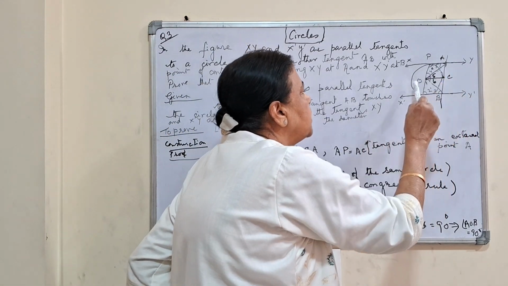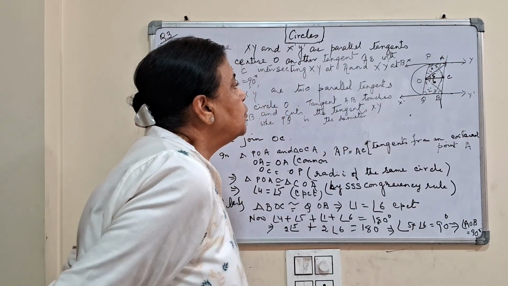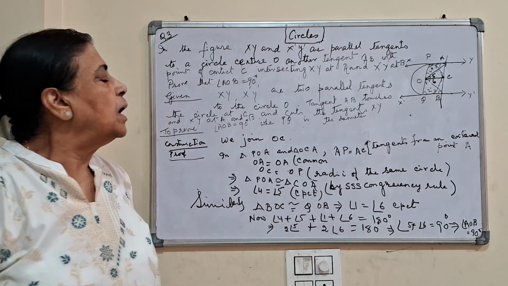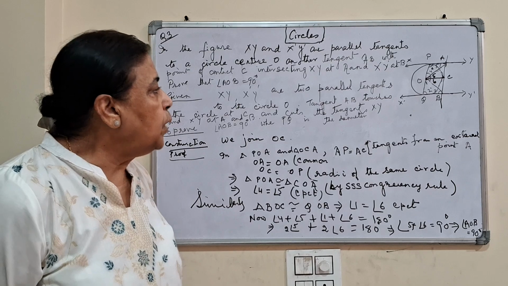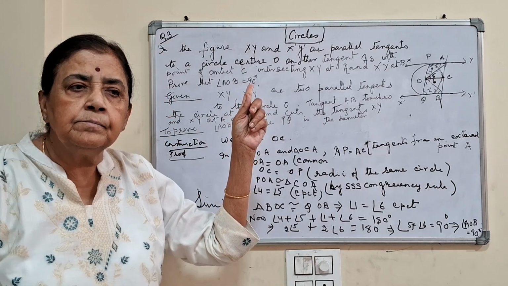This is a circle with center O, and there is a tangent drawn which cuts the other two tangents at A and B and touches the circle at C. We have to prove angle AOB is 90 degrees.